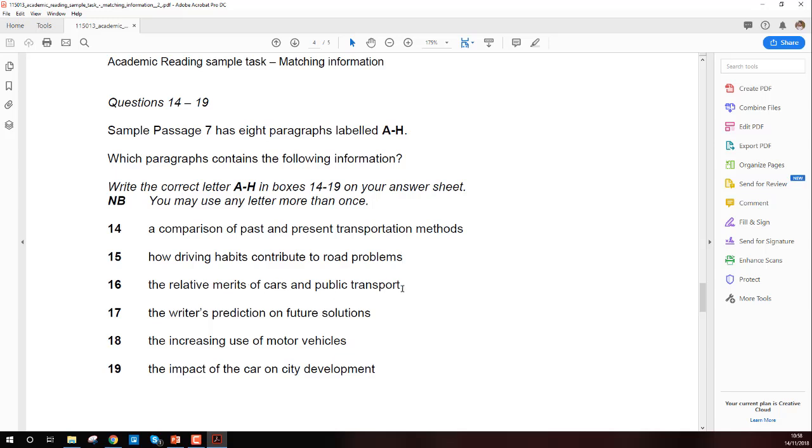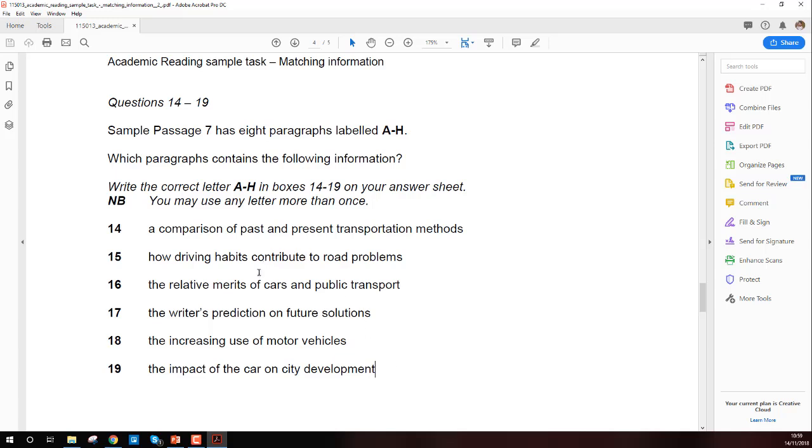Public transport, so it could be buses, trains, stuff like that. Prediction, future solutions. So prediction could be talking about the future, what I think will happen in a certain date in the future. Increasing use of motor vehicles. The impact of the car on city development. So city developments, changes to a city, things like that.